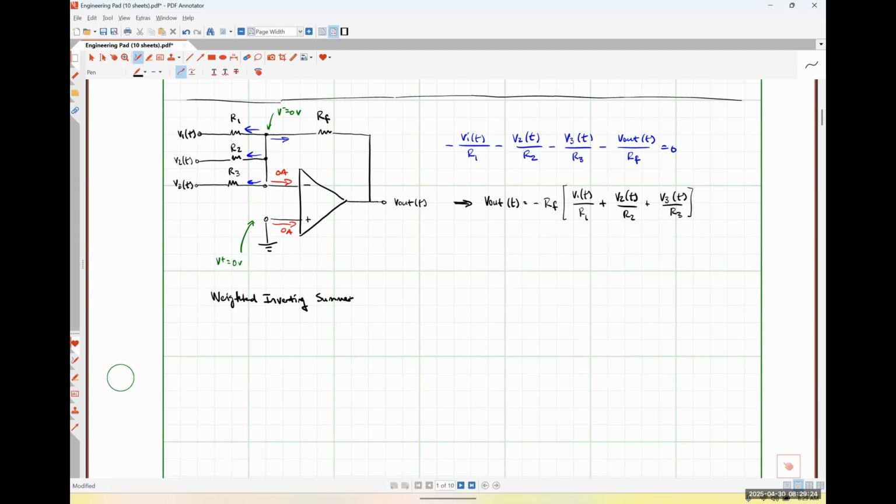Now, we could, if we were so inclined, develop some sort of relationship for a weighted non-inverting summer where our input signals were placed on the non-inverting input side. But we would see if we did that example that the math gets real gross real fast for anything over 2 inputs.